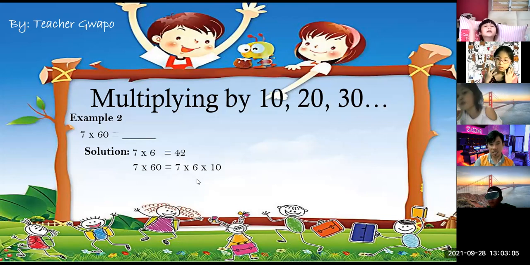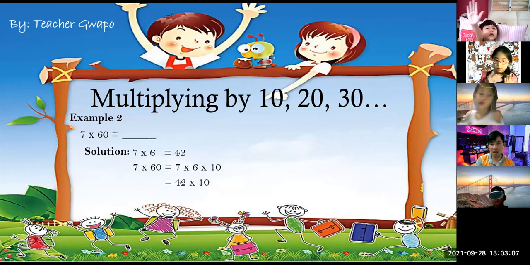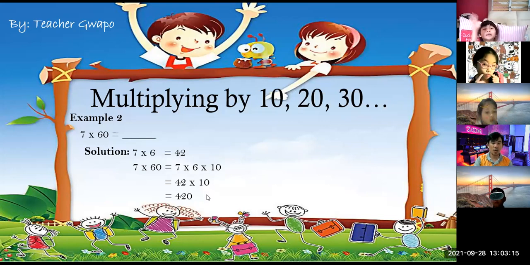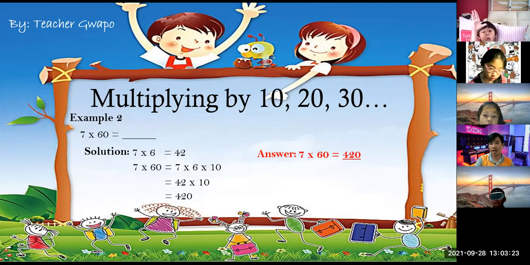So we put 42 here, and then times 10. We just multiply by 10. So 42 times 10 is equal to 420. So the answer, 7 times 60 is equal to 420.